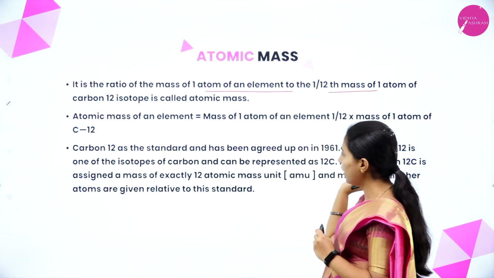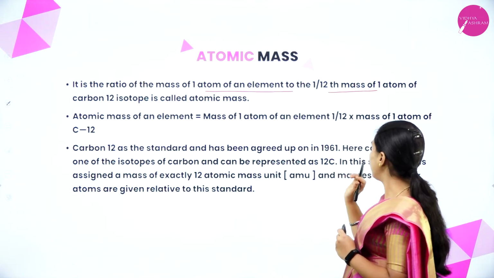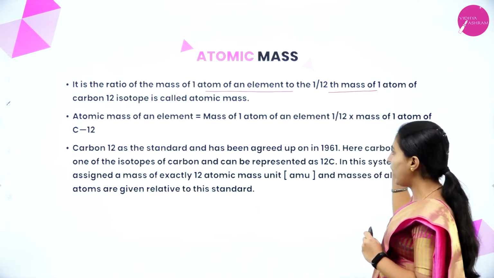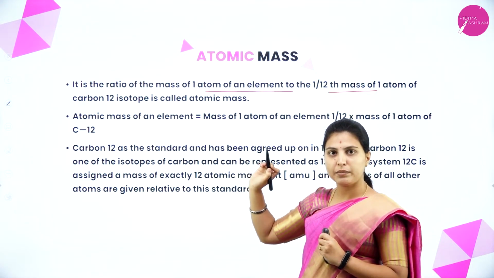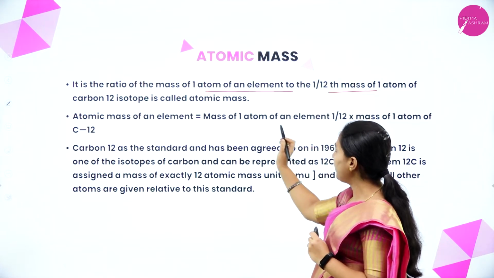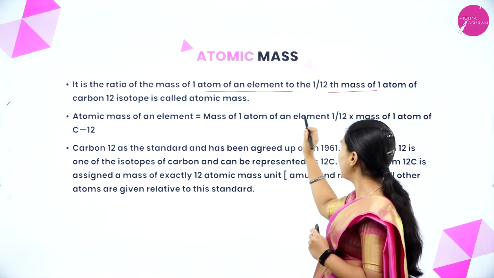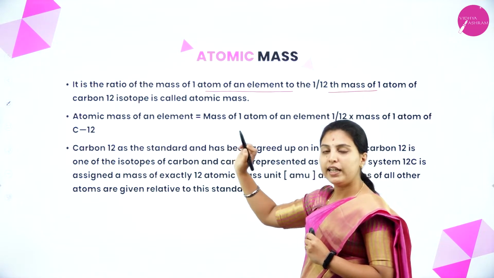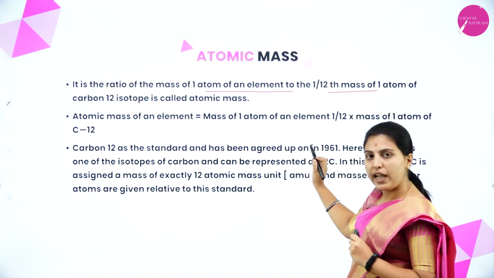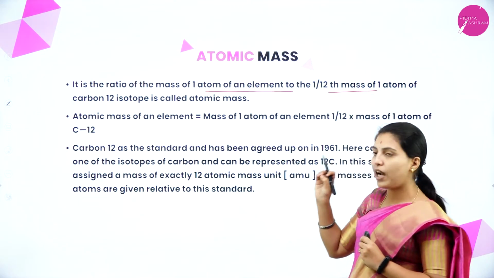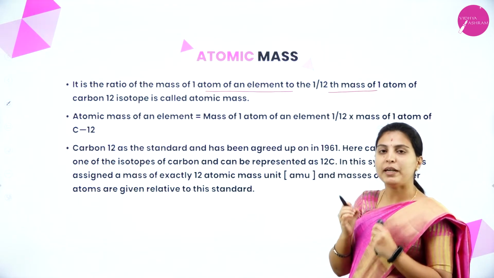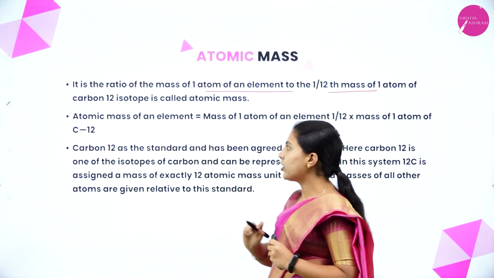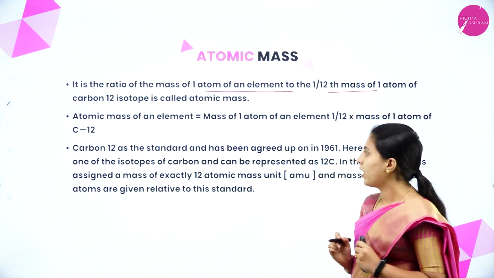If you see it in this way, you will be able to understand. See here, the mass of one atom of the element is on one side, and you have to compare it with 1/12 of the mass of one atom of carbon-12. Whatever element you are looking at, you take that element's mass against 1/12 of the carbon-12 isotope, and you will get the atomic mass of the element.